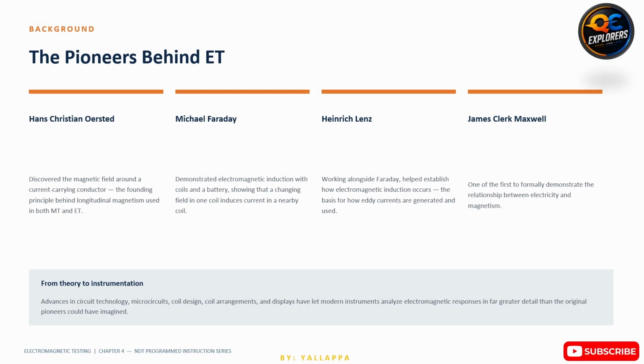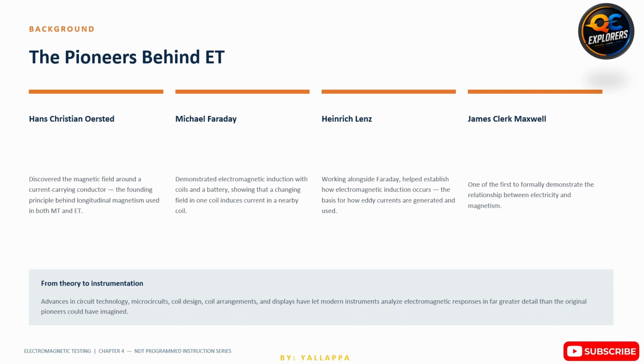Every modern engineering technology has its pioneers, and electromagnetic testing is no exception. The inspection methods we use today are built upon discoveries made over 2 centuries by some of the greatest physicists in history. The first scientist introduced on this slide is Hans Christian Oersted.